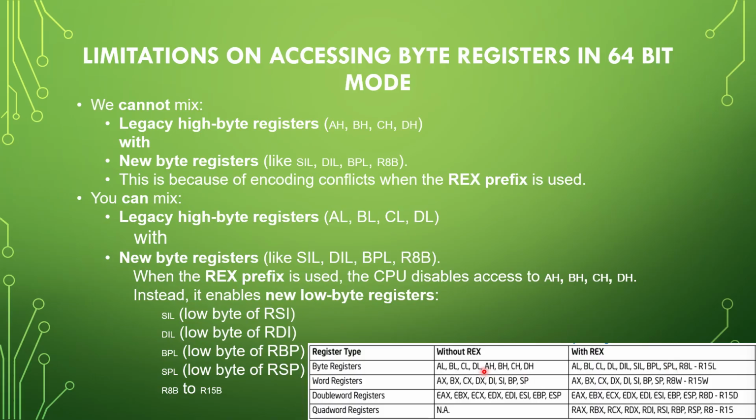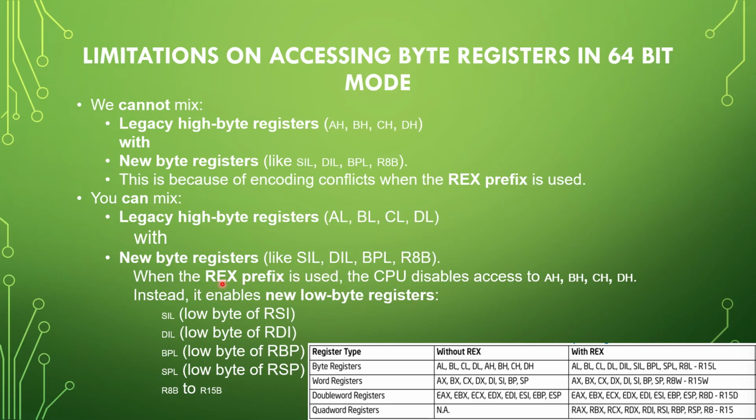But we can mix the lower byte registers with these registers. Okay, so why can't we mix the higher byte registers with these registers? Because there are certain encoding conflicts. While we can mix the low byte registers such as AL, BL, CL and DL with SIL, DIL, BPL and the R8 registers.